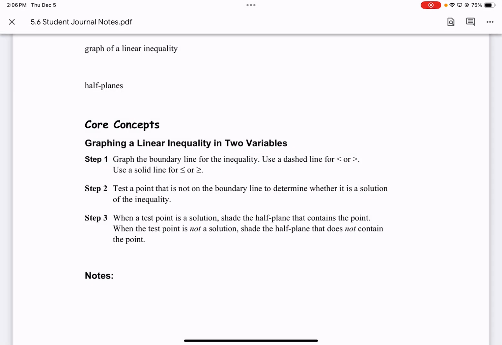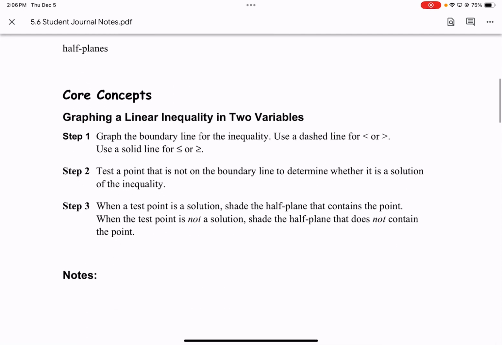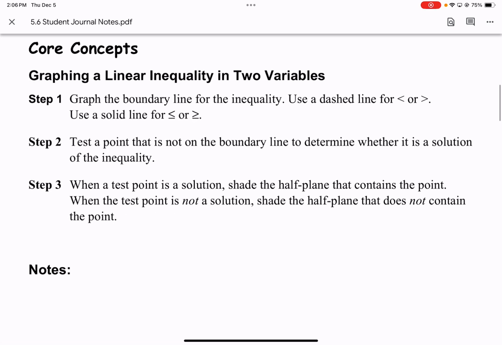Now, we are going to graph linear inequalities. Okay? Now, do you remember when we graphed inequalities on the number line? We either had an open circle or a closed circle? Yes. Okay.